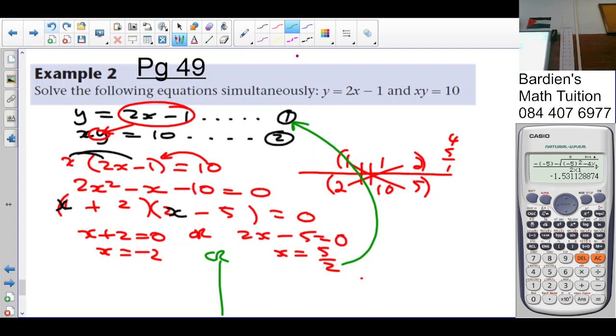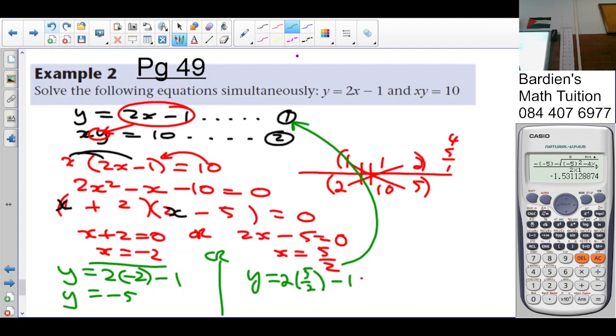So let's do that. y is equal to 2 times, what's my x value? Negative 2, minus 1, which is negative 4 minus 1, is negative 5. On the side we have y is equal to 2 times 5 over 2 minus 1, which is 4.